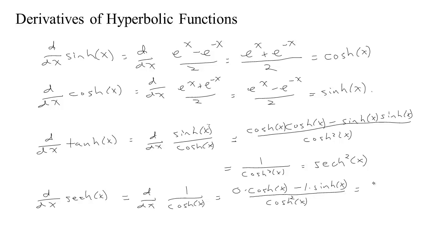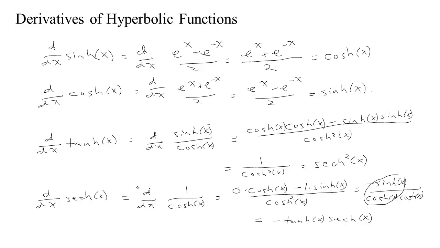So we have basically then a negative sine over a cosine times a cosine, and sine over cosine, that's the tangent, so we have negative tangent, and 1 over cosine is the secant, so we have the negative tangent secant. So that's a little bit different than for the regular secant, right? The derivative of the secant is the positive secant tangent, so there's an extra negative sign. The reason is because the derivative of cosine isn't negative sine, it's positive sine.